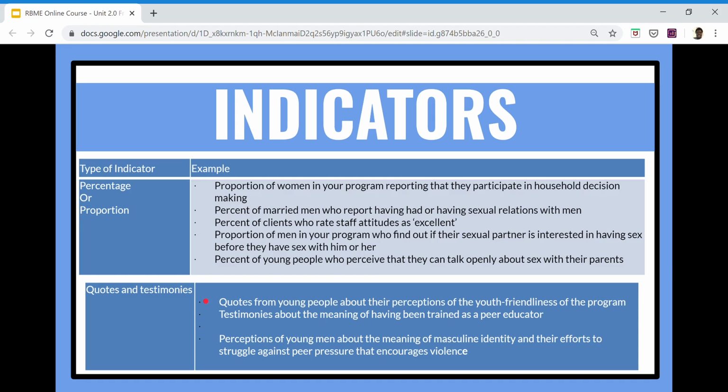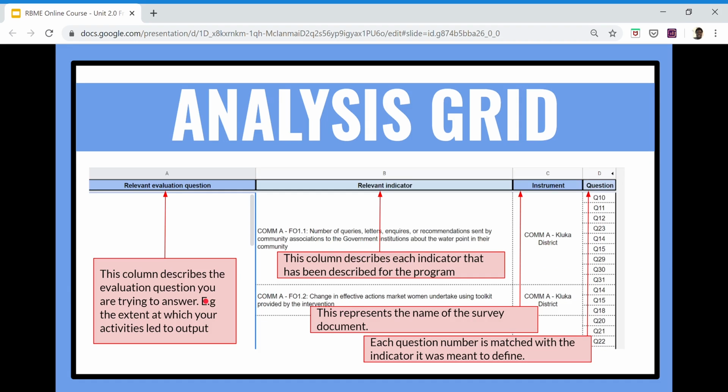You need to think about how you're going to tell a story about that, right? Because if you have so many indicators, you then have to attach them to objectives. So it's important that you have a few indicators for each of your objectives or results.